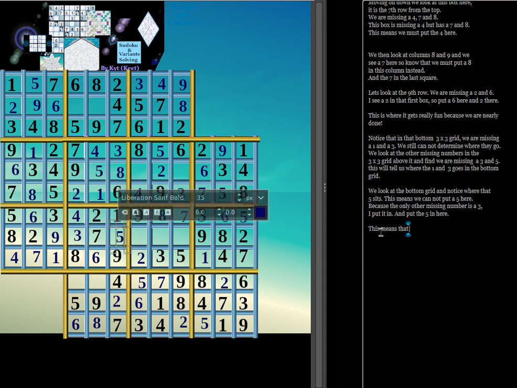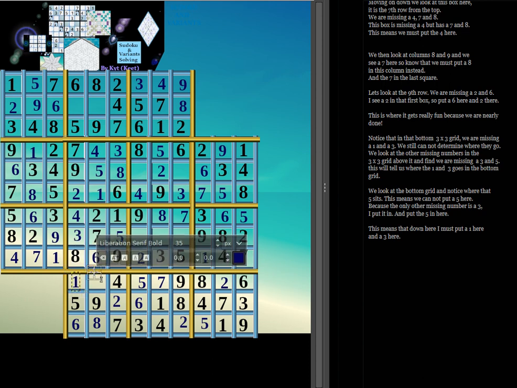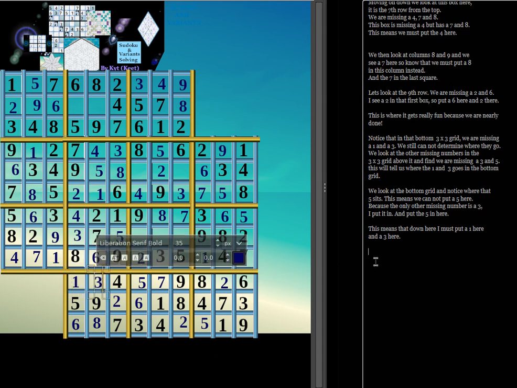This means that down here I must put a 1 here and a 3 here. And then way up here, the 1 goes here and the 3 goes here.